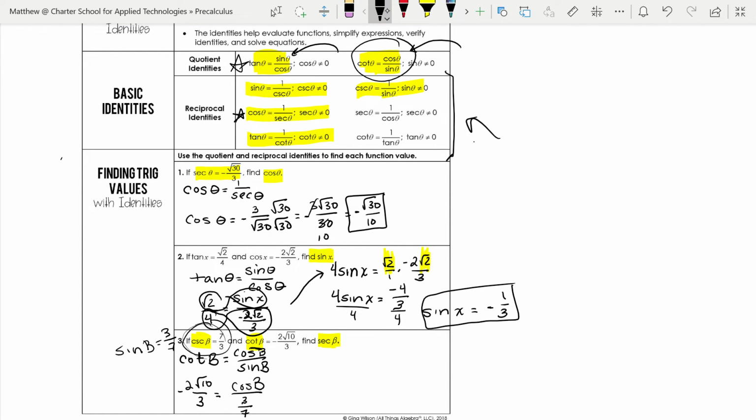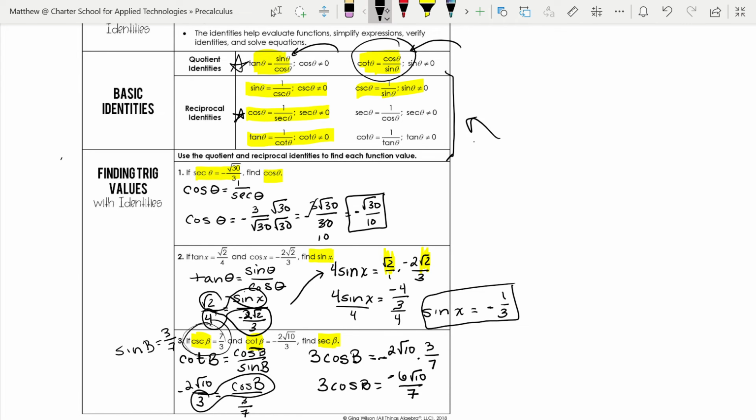Now, the nice thing is, from this step, it's the exact same as number 2. So we cross multiply. 3 cos beta equals negative 2 radical 10 times 3 over 7, right? 3 cos beta equals, multiplying the tops here, I have negative 6 square root of 10 over 7. And then I need to divide by 3.